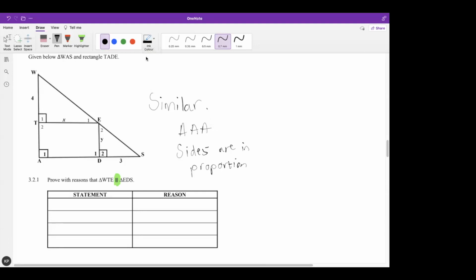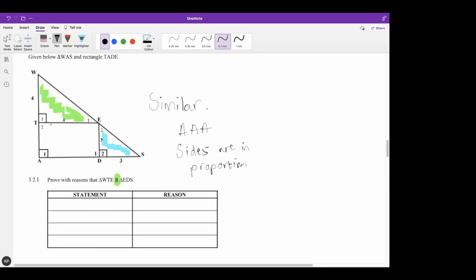Maybe I could highlight the two triangles so you know what we're talking about. So we're on this one, guys, and this one. Okay. Ma'am, what's the first angle? I think WT equals to SD. But those are sides.